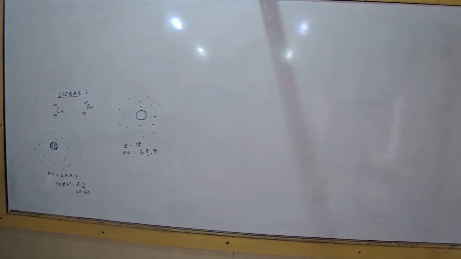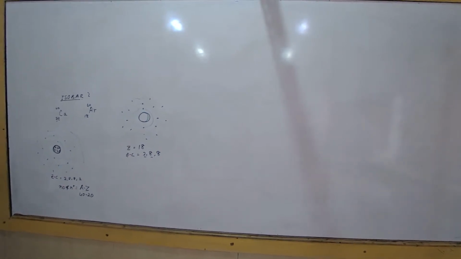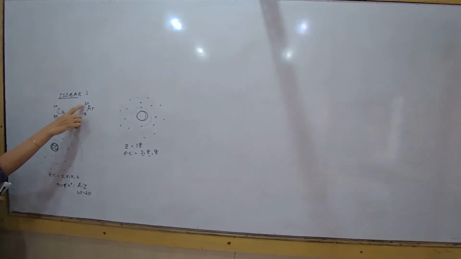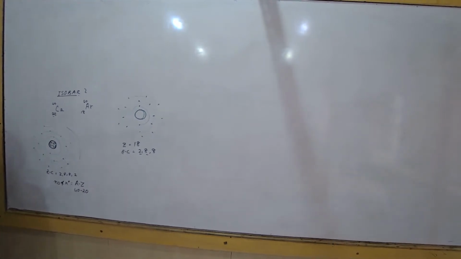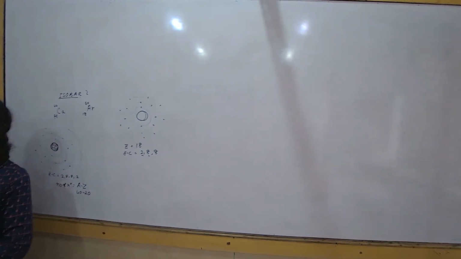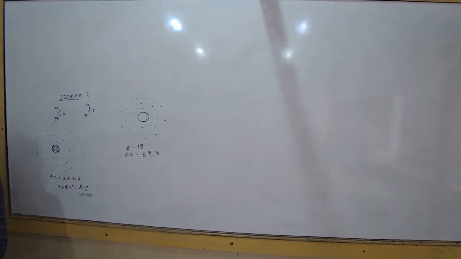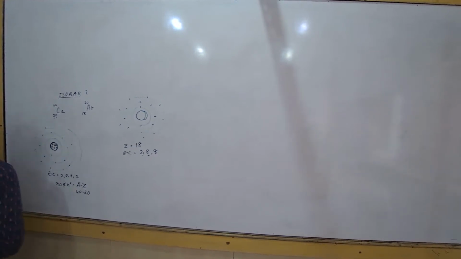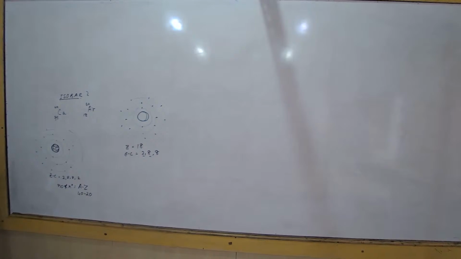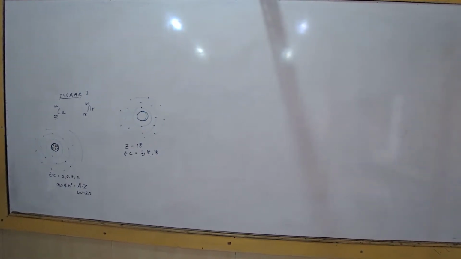What are these numbers on the top? 18, 40 and 40. What is that 40? The mass number. What is similar? The mass. Yes, this mass number is similar. There are all different examples where we talk about this. These are isobars.